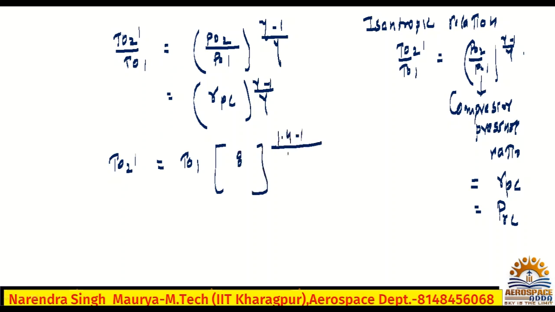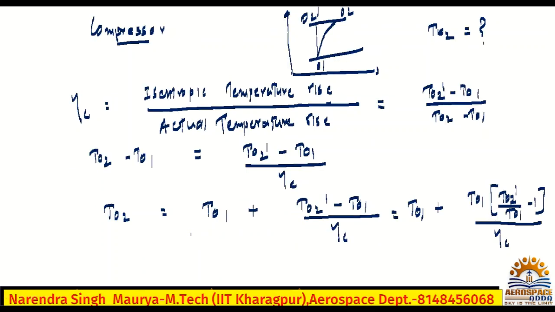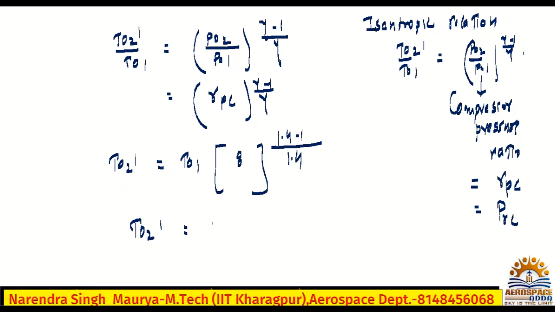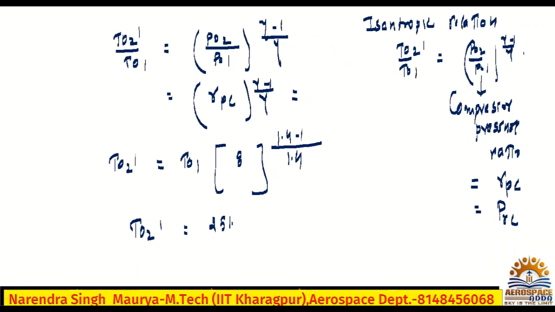1.4 minus 1 divided by 1.4. T naught 2 dash, with T naught 1 you have calculated here, is 251.88. In fact, there is no need to calculate this T naught 2 dash; we have to calculate this ratio only, T naught 2 dash by T naught 1.